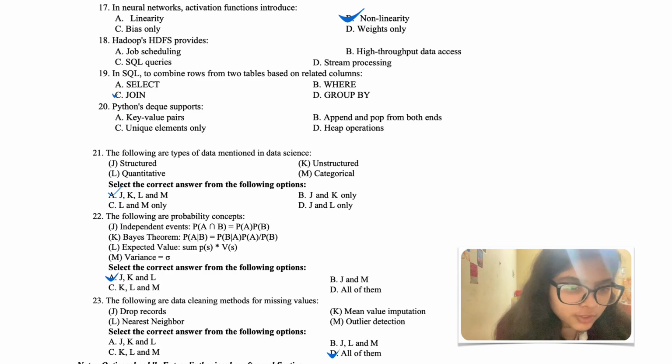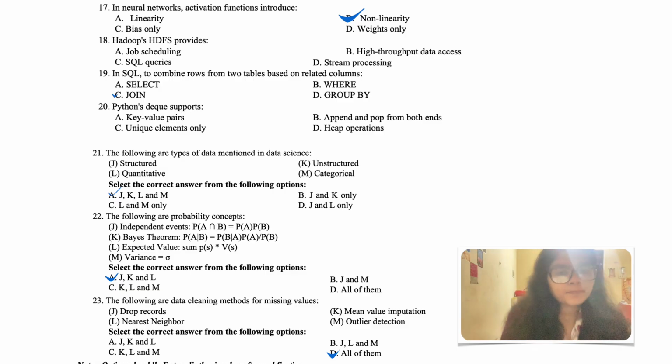Moving to the next question, 22. The following probability concepts: independent events, Bayes theorem, expected value, variance. Variance is not equal to sigma. Variance, this is not a probability concept, only the upper three of them are. So option A is correct, which is JKL. Now 23. The following are the data cleaning methods for missing values.